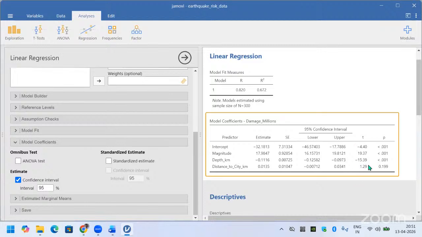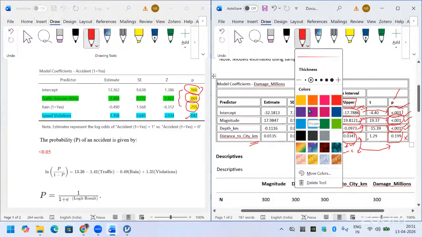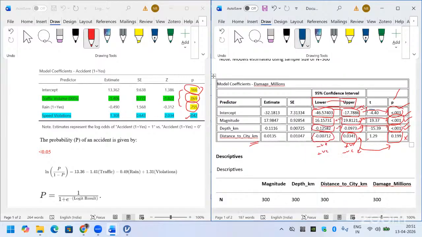So our calculated values are very high for the first, second, and third variables. Okay, I'll just take this one. So the t values are minus 14.4, 19.37, and 15.39.